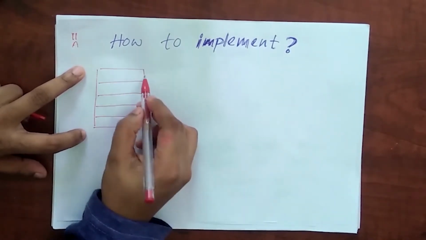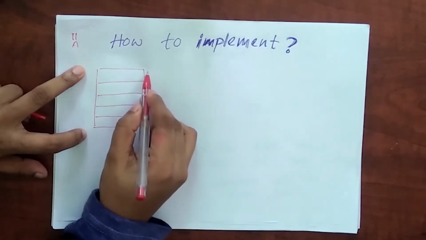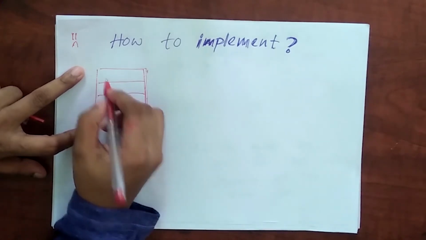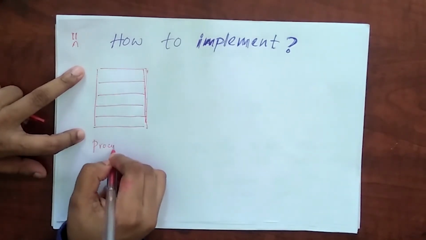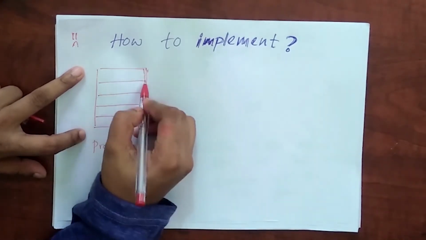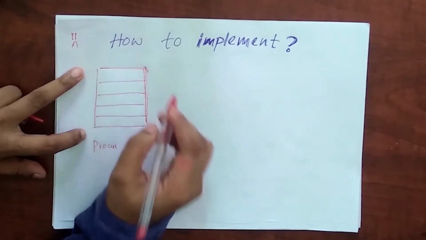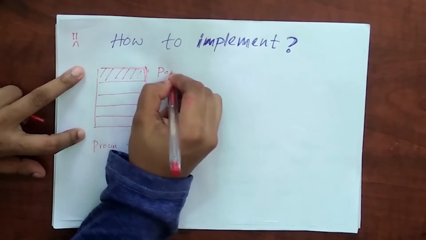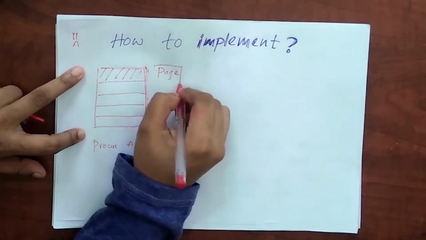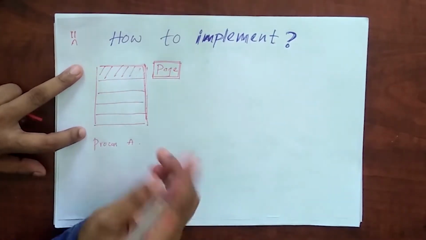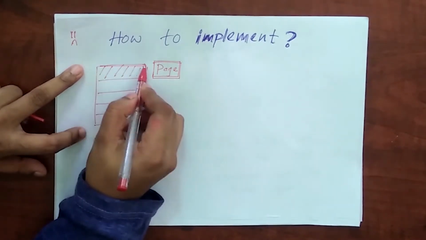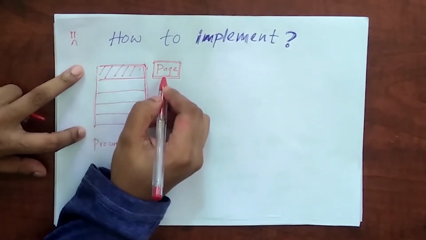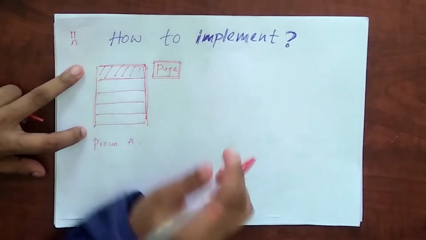Each and every part has an equal size. So this is process A. One of these parts is called a page. When a process is divided into equal sized portions, one portion is called a page.